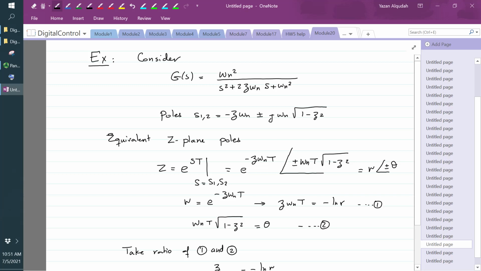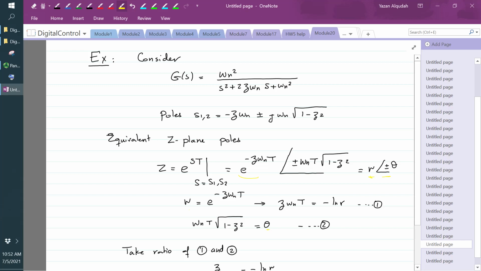So again, if I plug in s1, s2 here, it is going to give me a magnitude and a phase, or an angle, that is omega n multiplied by T square root of 1 minus zeta squared. I can write it in polar form, magnitude and phase. r is going to equal e to the negative zeta omega n multiplied by T, and omega n T square root of 1 minus zeta squared is going to equal theta.